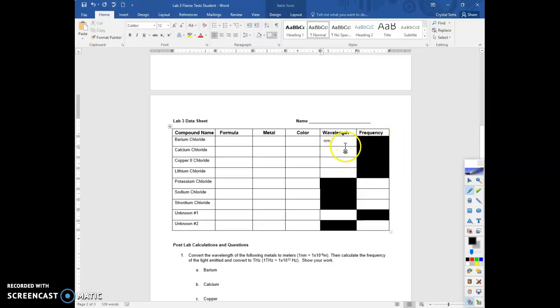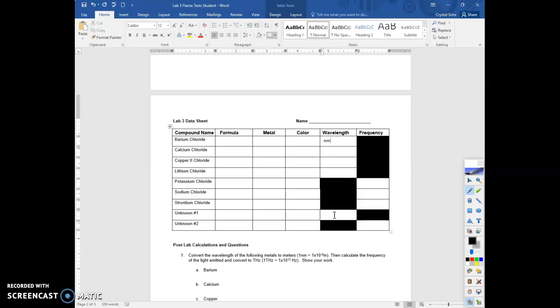Okay, and you'll do that for barium, calcium, copper 2, lithium, and your unknown number 1. Now, just to make things a little easier for you, I'm going to give you the frequency for these. So you won't actually have to go anywhere to find the frequency.